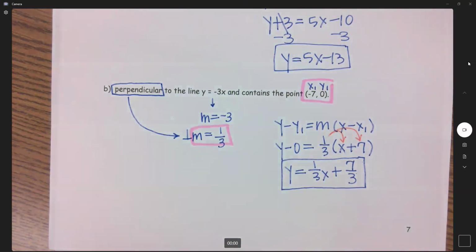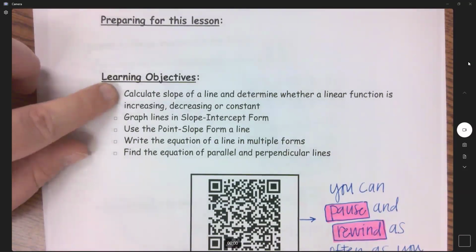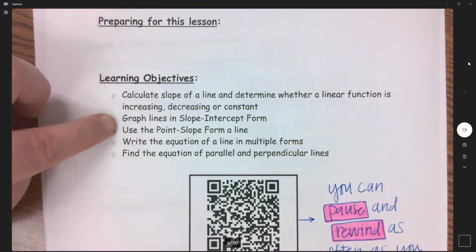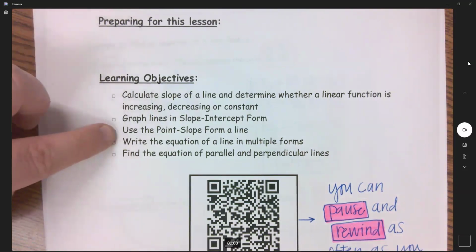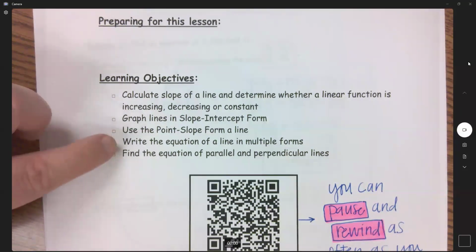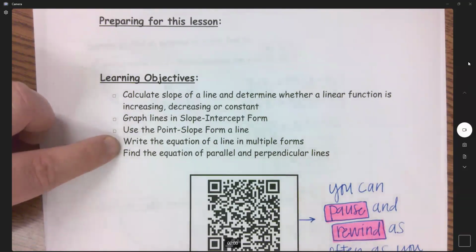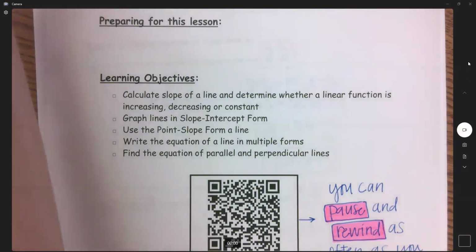So hopefully, we can now calculate the slope of a line and determine whether it is increasing, decreasing, or constant. We can graph lines in slope-intercept form, which is your y equals mx plus b. We can use the point slope form of a line, which is your y minus y1 equals m times x minus x1. We can write the equation of a line in multiple forms.